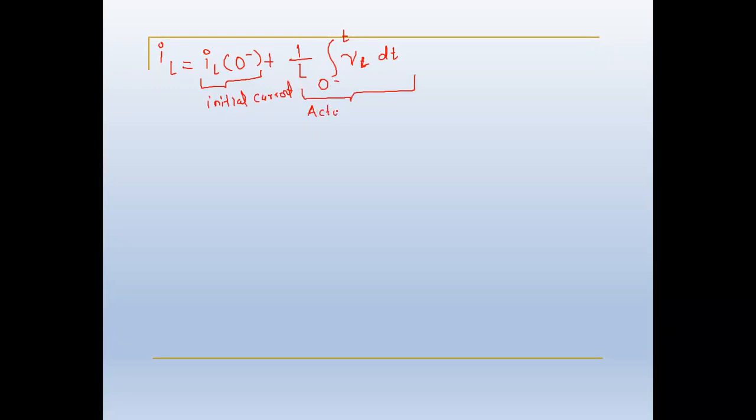So your equation will now be IL is equal to IL of 0 minus plus 1 upon L integration of 0 minus to t VL dt. Here the first term is the initial current, and the second term is the actual current after switching.